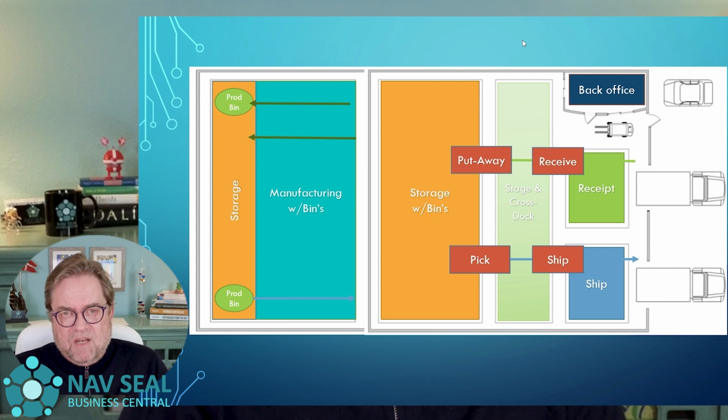So at that point, we can create a warehouse document to tell the warehouse employees where to pick those items and put them into the storage area that we use for our manufacturing.